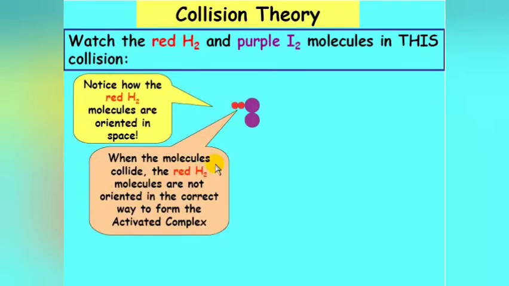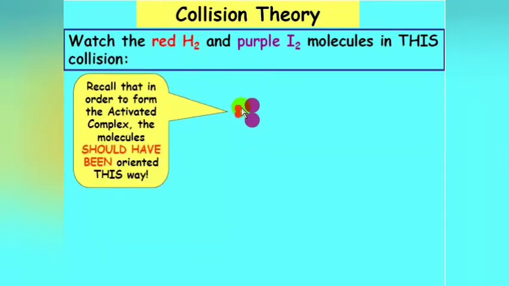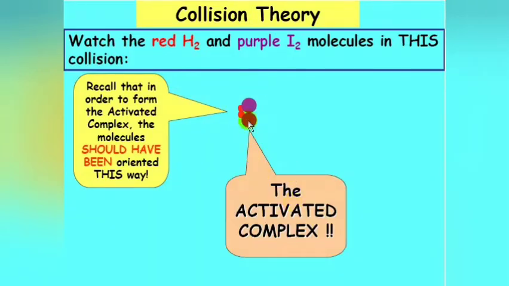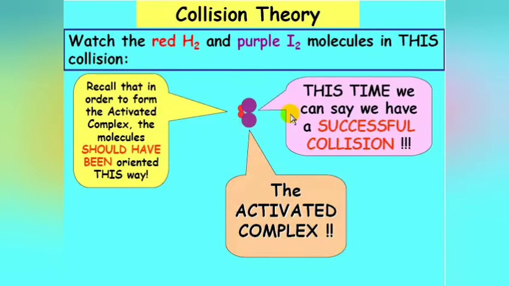When the molecules collide, the red H2 molecules are not oriented in the correct way to form the activated complex. They're not lined up the right way. Recall that in order to form the activated complex, they should have been oriented this way, so each H can hit an I. In this case, they form the activated complex, and this is called a successful collision.